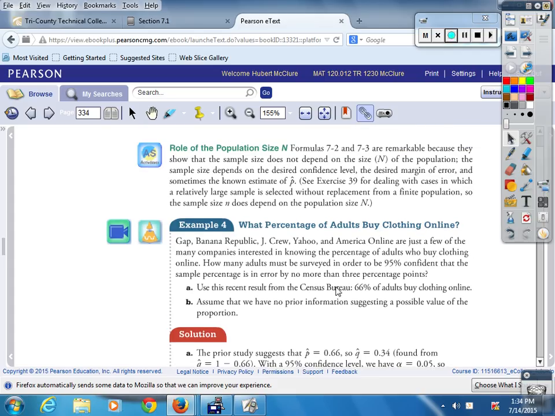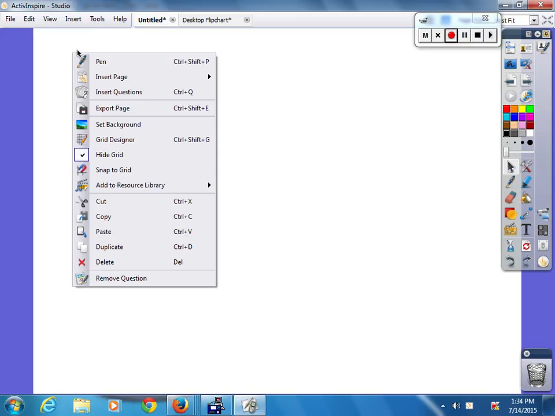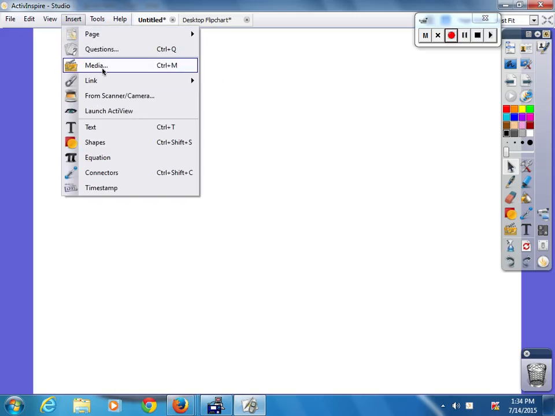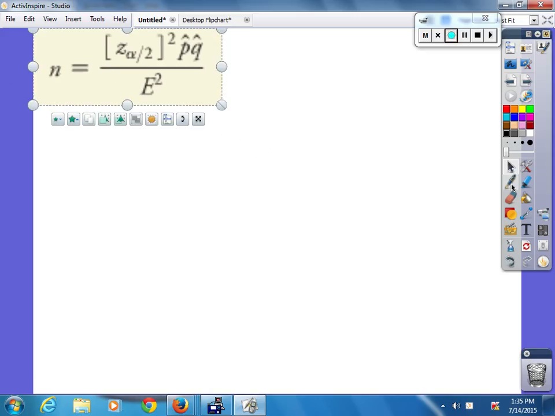It says blah, blah, blah, and we're going to take our, let's see, 95% confidence level and 66. All right, there's our formula. Now, the good thing about our index card is we don't have to look up anything, do we?